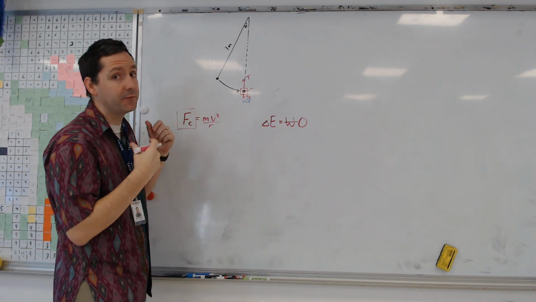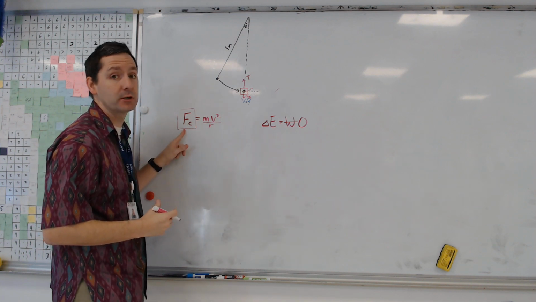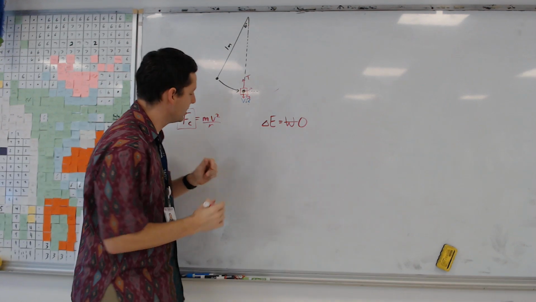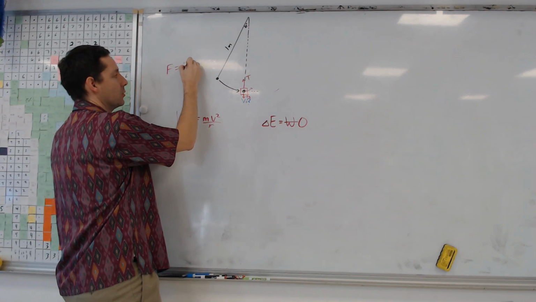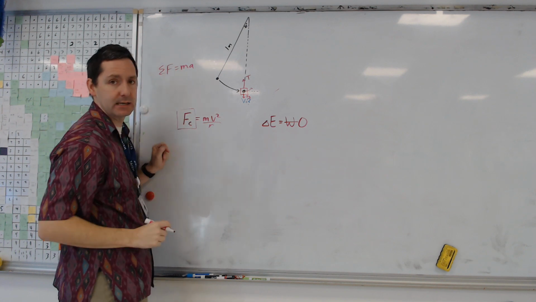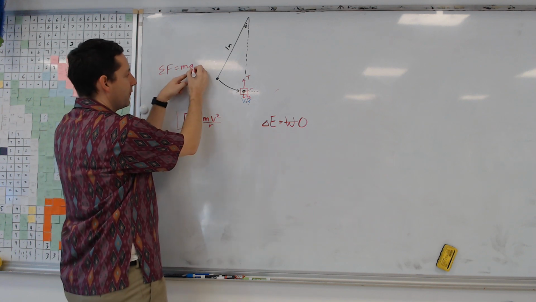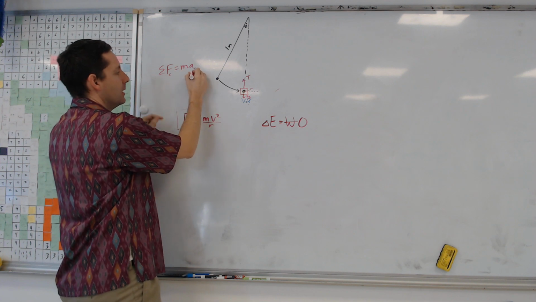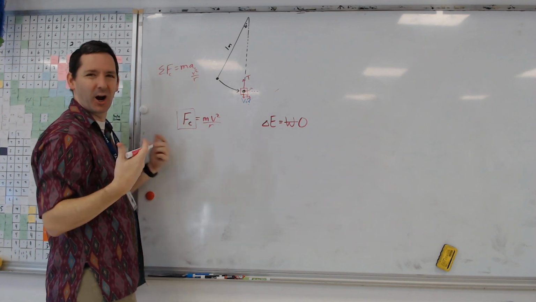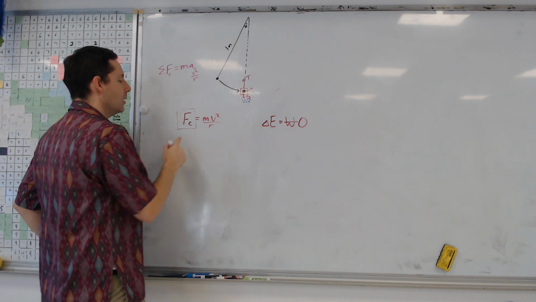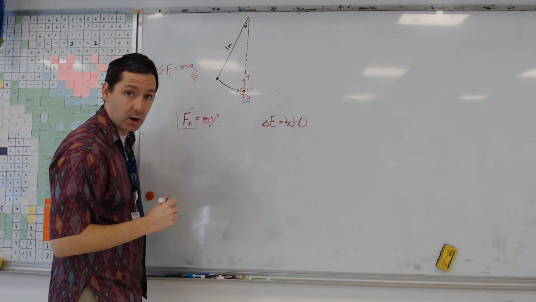Again, remember that the formula packet doesn't give you centripetal force, it gives you centripetal acceleration, which is v squared over r, but we also know that the sum of the forces equals ma. So if my centripetal acceleration is v squared over r, then mv squared over r would be our centripetal force, right? So centripetal force equals mv squared over r.